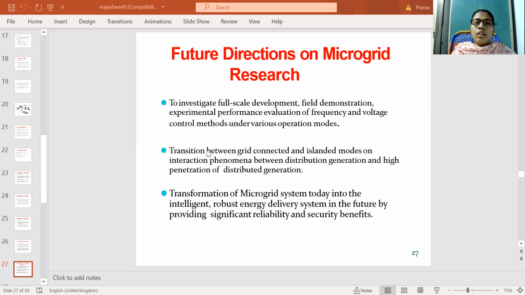It also covers the transition between grid connected and islanded modes, interaction phenomena between distributed generation and high penetration of distributed generation, and the transformation of today's microgrid system into an intelligent, robust energy delivery system in the future, providing significant reliability and security benefits. These are some of the future directions of microgrid research.